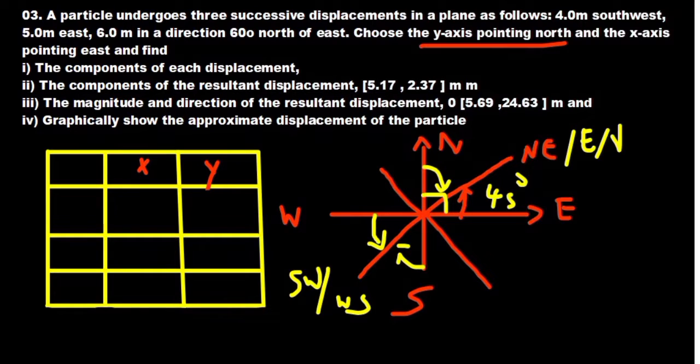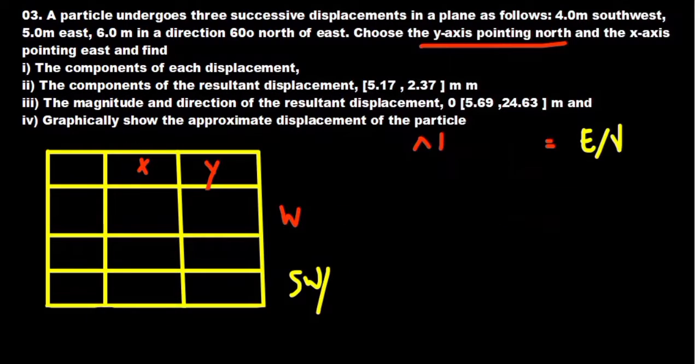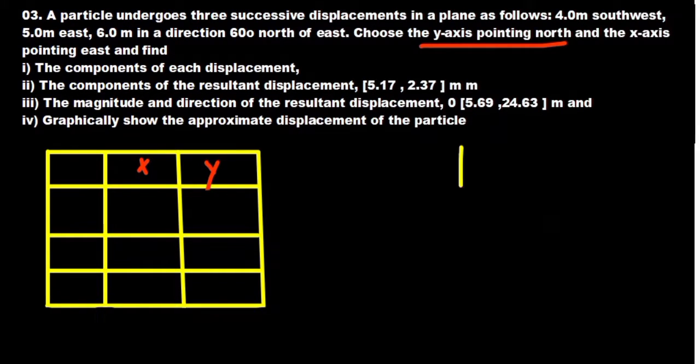Okay, so now let's try to apply these concepts to what we've been taught in this case. Remember the first question is asking us to give the components of each displacement. So we'll move as we are given. The first displacement that we are told is 4 meters southwest. So we'll draw a compass.